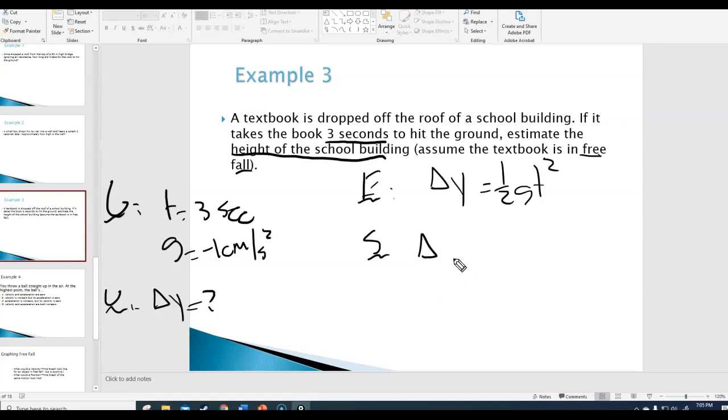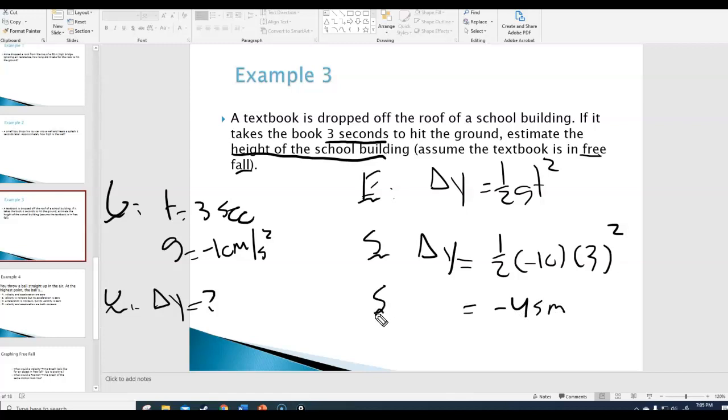From here we're just plugging into the equation. Delta y equals 1/2 times -10 times t squared, so times 3 squared. 3 squared is 9. 9 times -10 is -90, and then half of that is -45 meters.